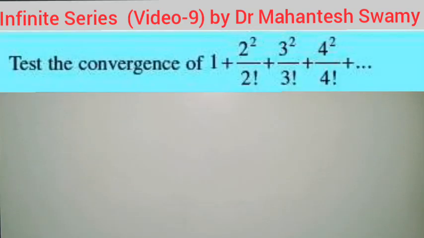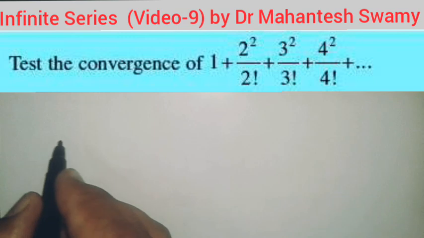Let us consider the second example. Here we have to test the convergence of 1 plus 2 square by 2 factorial plus 3 square by 3 factorial plus 4 square by 4 factorial plus dot dot dot. We can observe here that the first term 1 can be written as 1 square divided by 1 factorial.